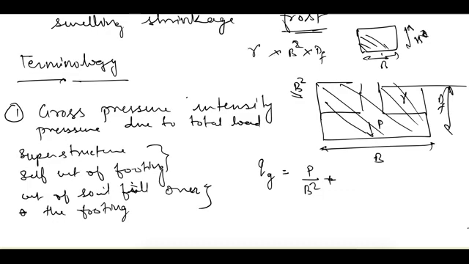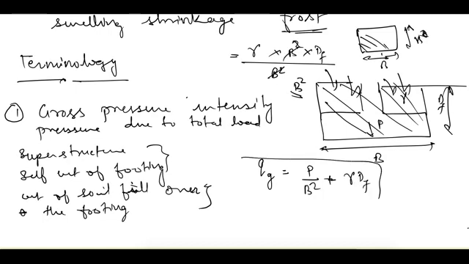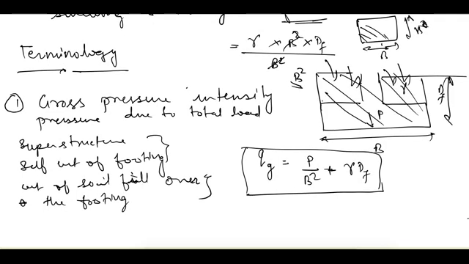Multiplied by the unit weight of the soil, it would give us the weight of this soil. Now after constructing the footing we will place back this soil here. So the pressure due to this soil would be the weight of the soil divided by area, that is gamma df. So gamma df is the pressure due to the soil which was there already before.